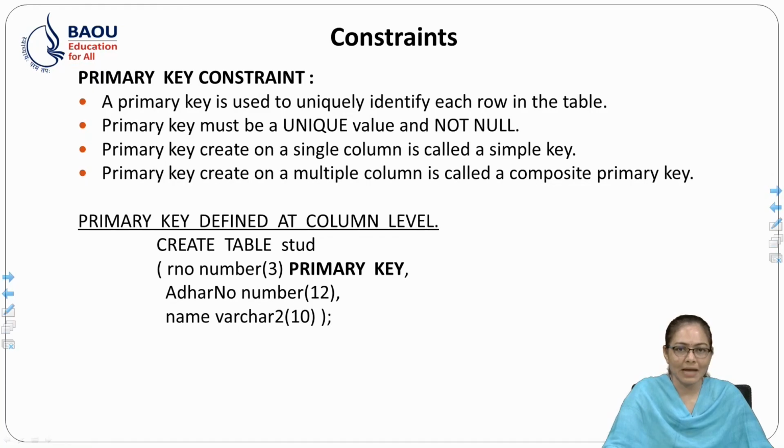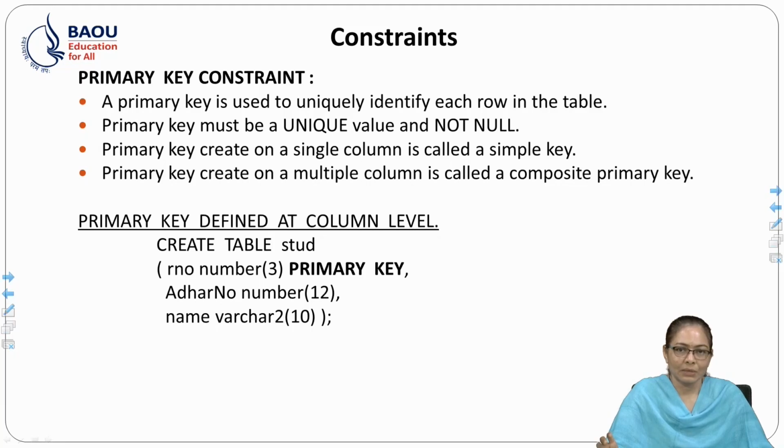Next column is the Aadhaar card number. The Aadhaar card number column contains unique numeric values, so we can define it as number with size 12 in the bracket. We can also make the Aadhaar card number the primary key because it also contains unique values.